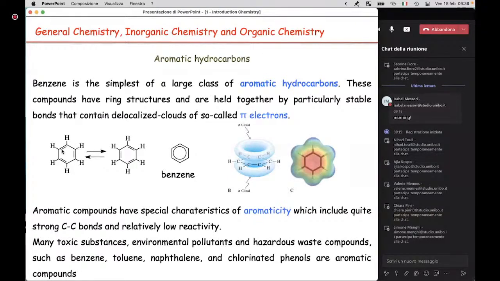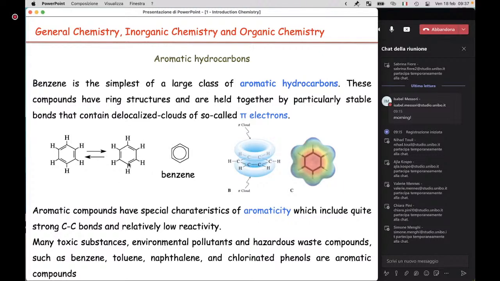A particular kind of alkenes are aromatic hydrocarbons. Aromatic hydrocarbons are hydrocarbons forming a ring structure, most commonly a 6-term cycle.